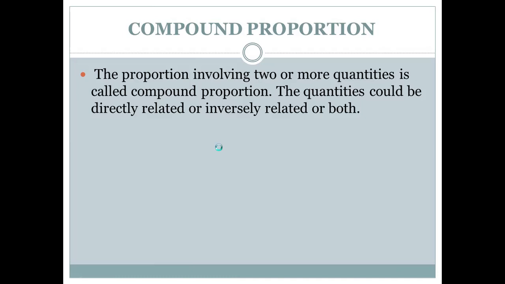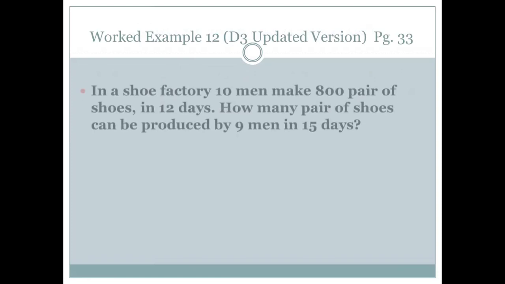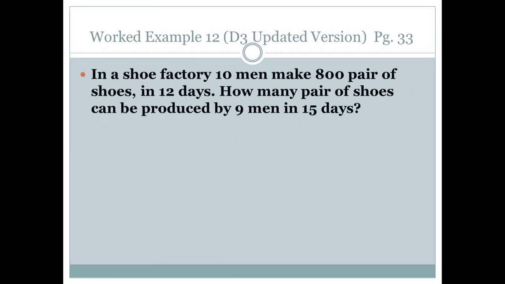Okay, so here is worked example 12 that is related to compound proportion, and you may find it in the book New Syllabus Mathematics book 3, updated version, on page 33. Okay, so here is worked example 12: in a shoe factory, 10 men make 800 pairs of shoes in 12 days.